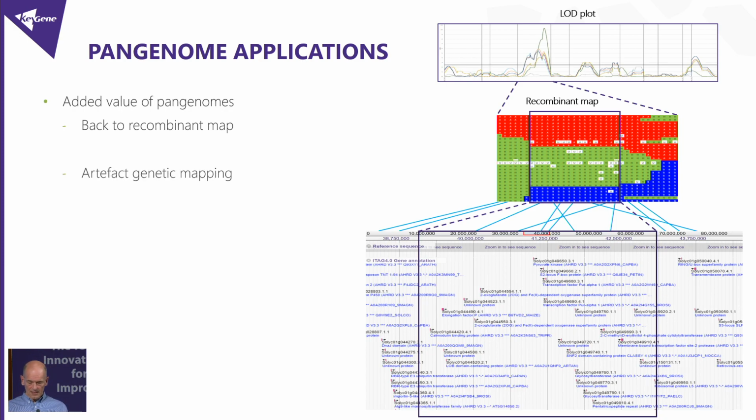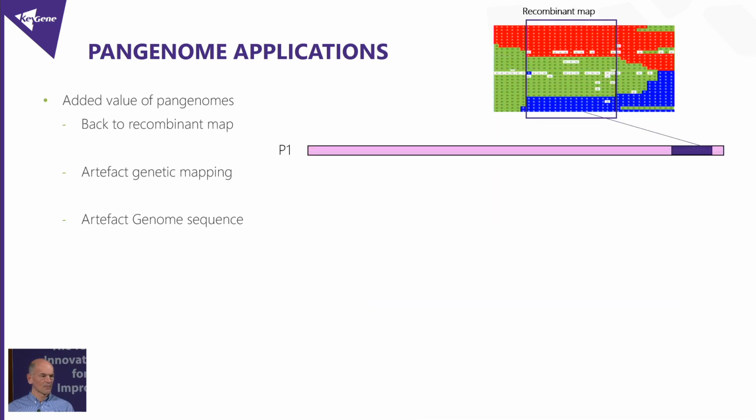In the time when we didn't have whole genomes and pangenomes, we would argue that's probably an artifact of genetic mapping. So maybe a wrong phenotype, maybe some sampling errors or a wrong genotyping. But now we have more and more genome sequences. We think of it differently.